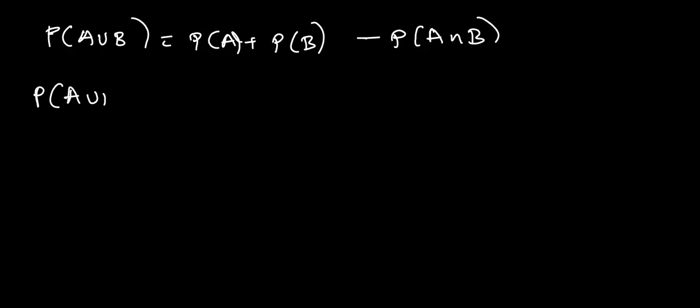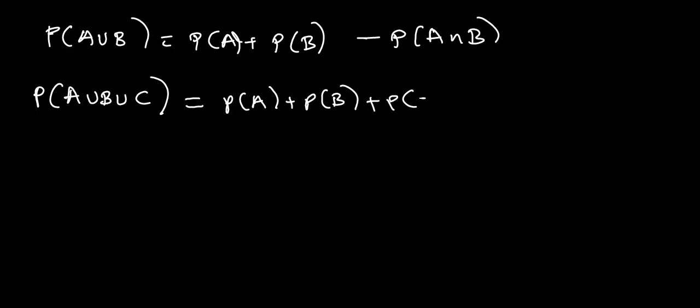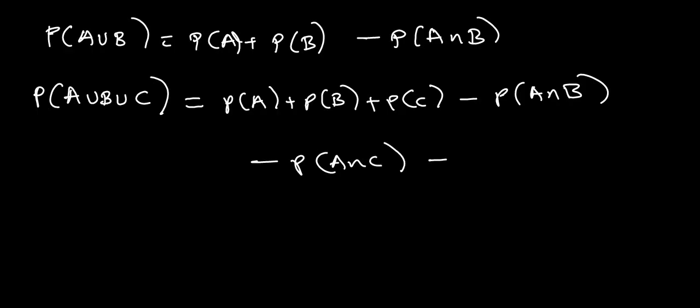A union B union C: we write the probability of A plus the probability of B plus the probability of C. Then remove the individual intersections. So I have to remove the intersection of A and B first, then minus the probability of A intersection C, minus the probability of B intersection C. So everything has been catered for. Then bring back the intersection of all three sets. That's what we need to do.